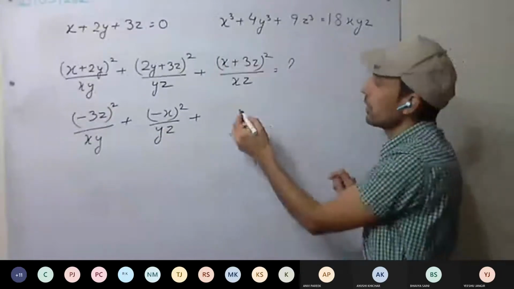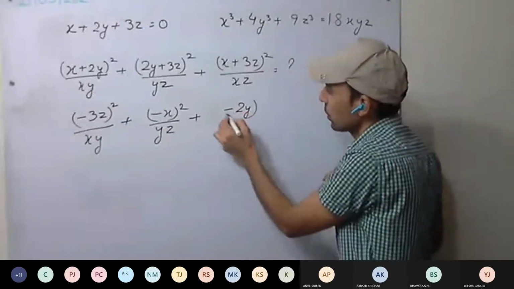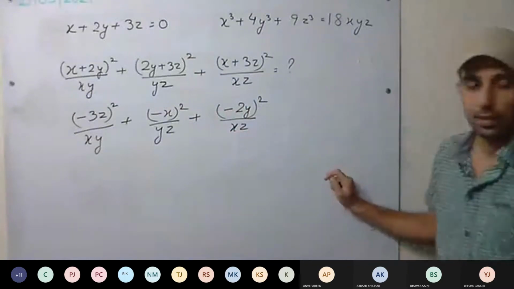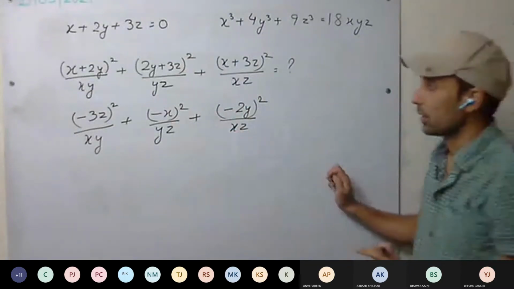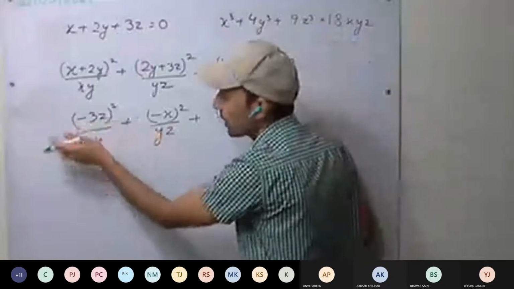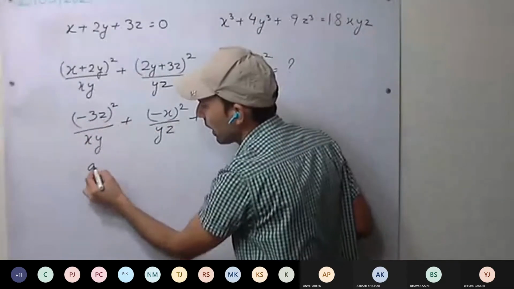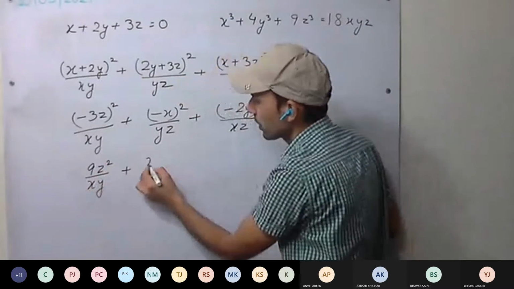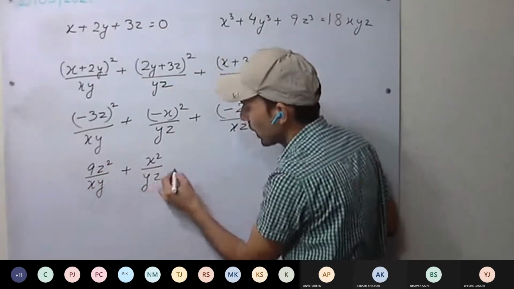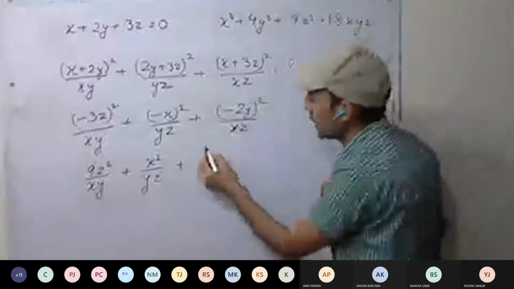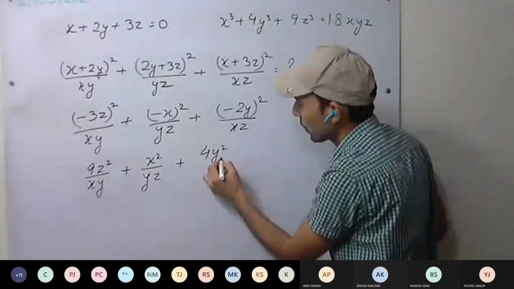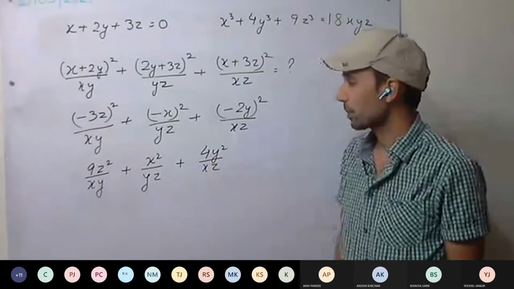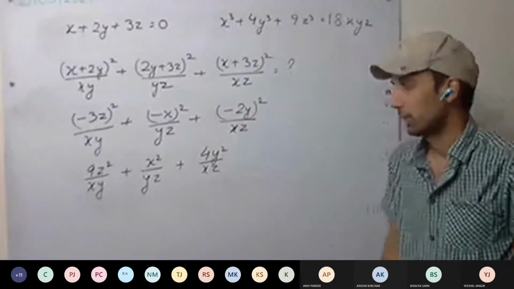And x plus 3z is minus 2y, the whole square. Everyone have understood? Now take the square, it will be 9z square upon xy plus x square upon yz, and here it will be 4y square upon xz.